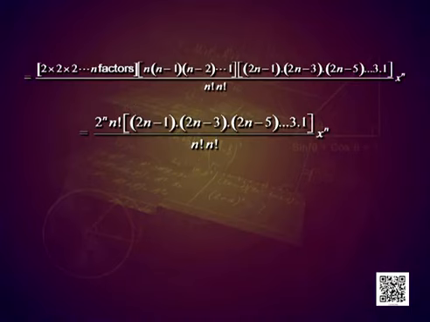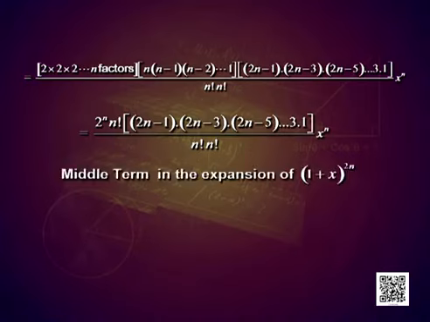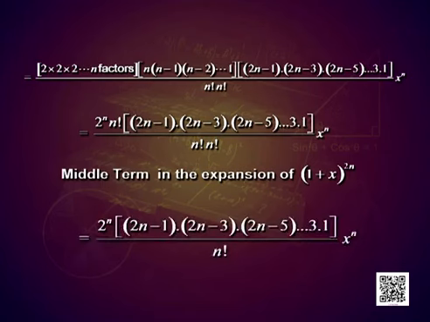So, that n factorial gets cancelled and I have the final answer: the middle term in the expansion of 1 plus x whole to the power 2n is 2 to the power n times 2n minus 1, 2n minus 3 up to 3 into 1 divided by n factorial, all of this multiplied with x to the power n.